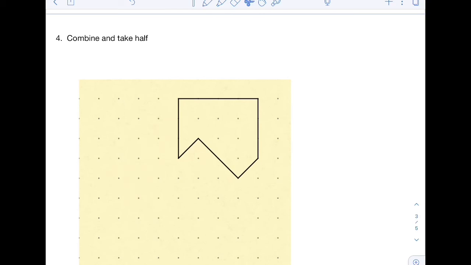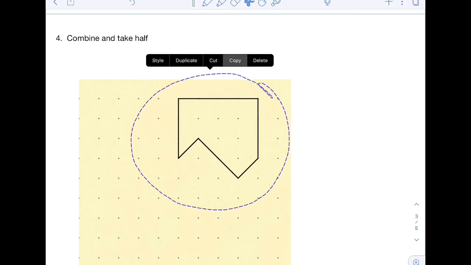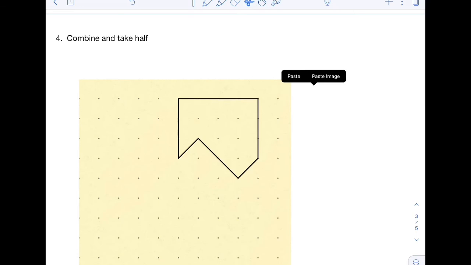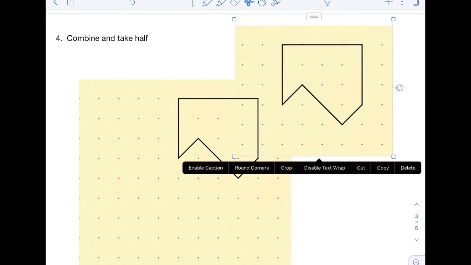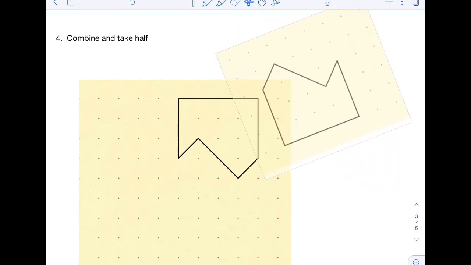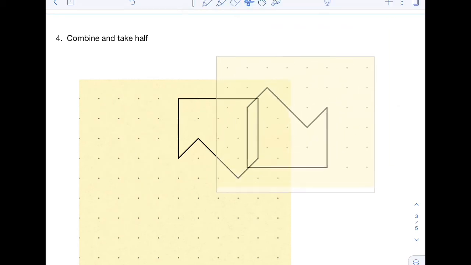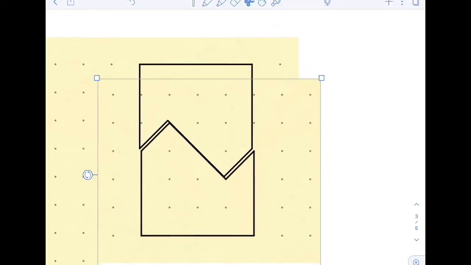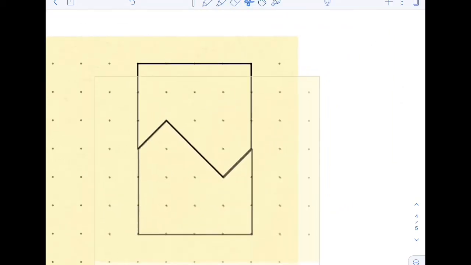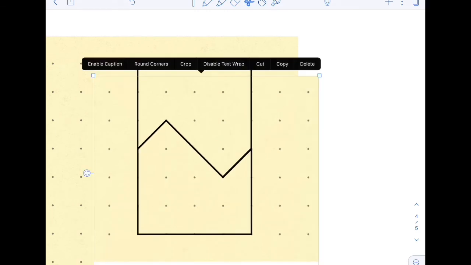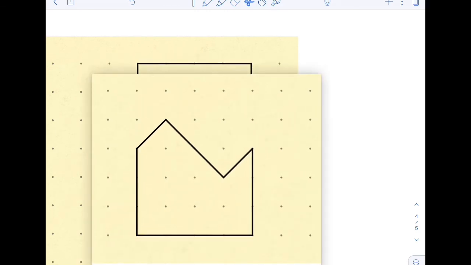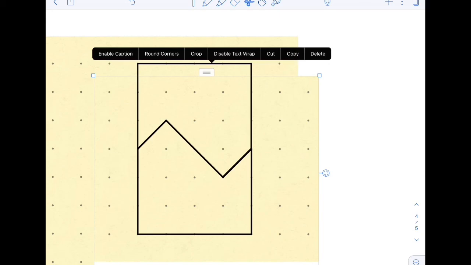So let's start by cutting this shape. I'm going to copy it. Then I'm going to rotate it because this one I picked because they'll fit nicely together. And you can see that I have now a rectangle.